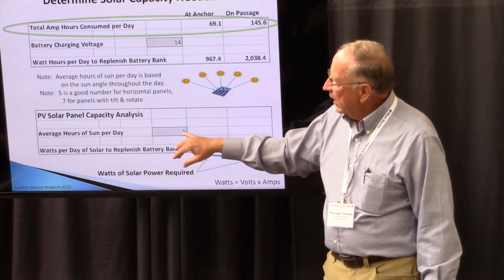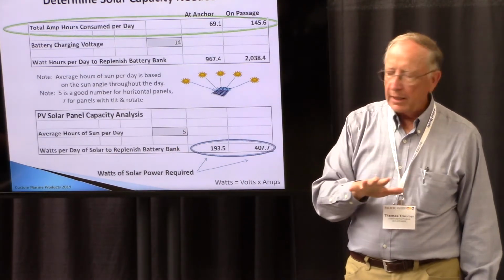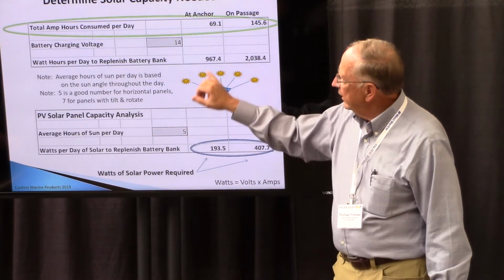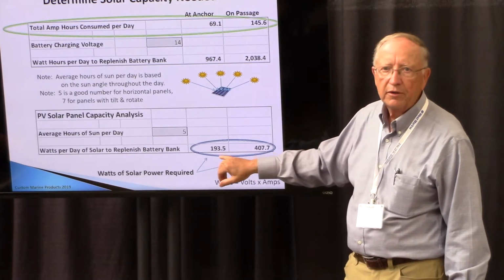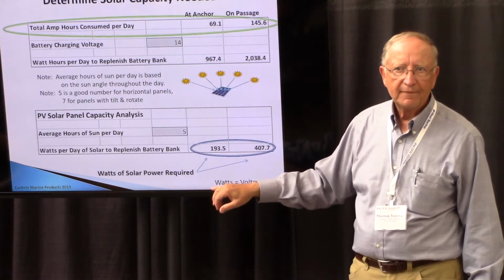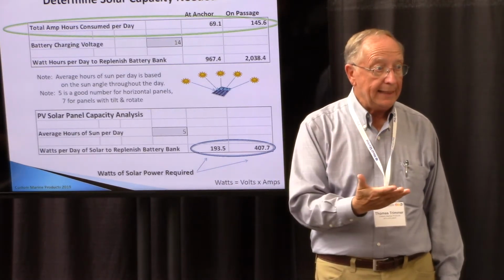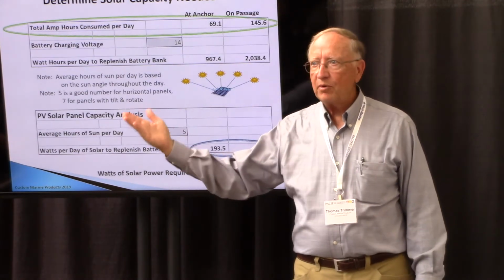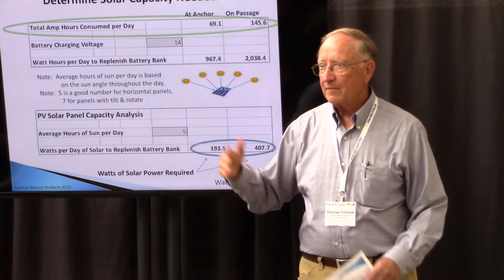So if I'm getting 5 average hours of sun a day, I divide 5 into my 967, and I come up with 193 watts. That's generally how much solar I need at 5 hours a day to meet my requirements of what I'm drawing. Got it? Does that make sense?